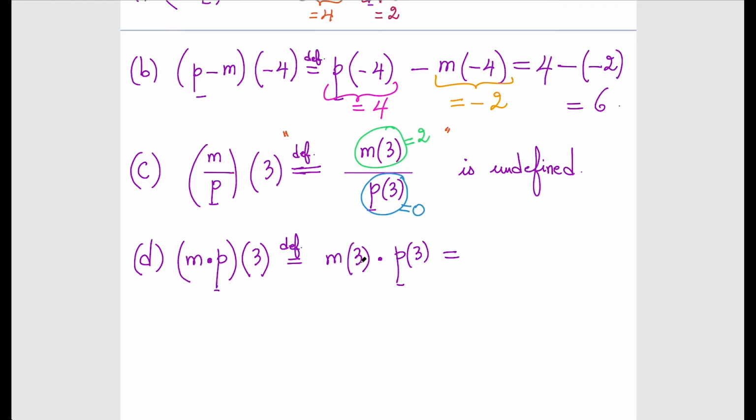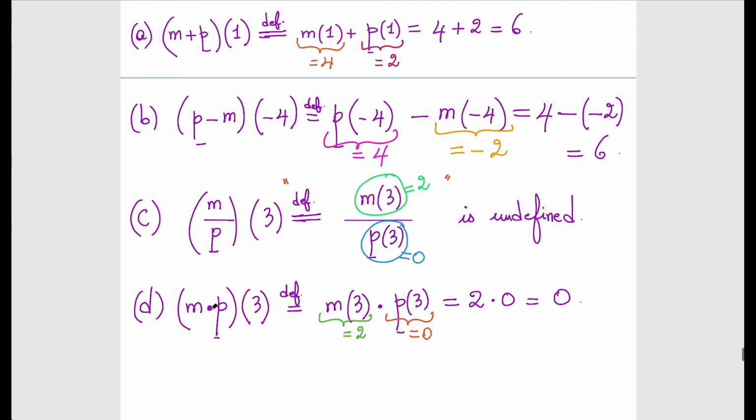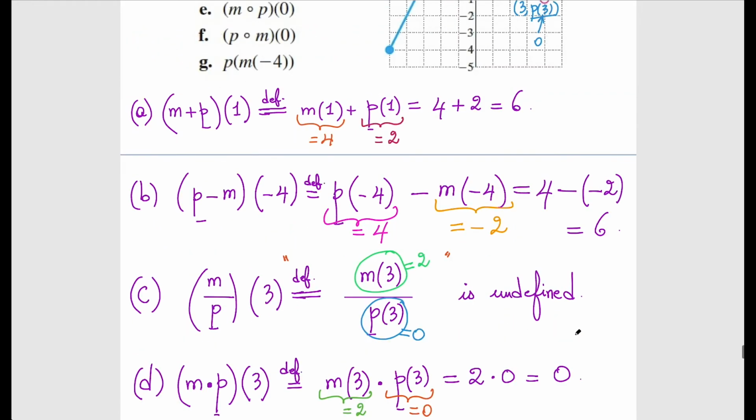And what's M of 3? We just found it above. That's a 2. Correct? We just found it above. And what's P of 3? Also we found it above. That's a 0. So it becomes 2 times 0, which is simply 0. Okay? So M times P, the value it takes at input 3 is actually 0.